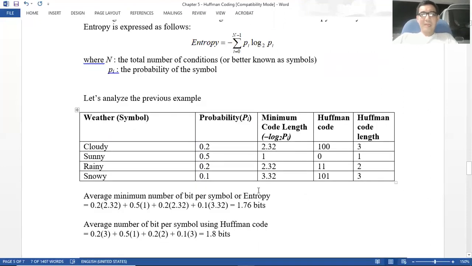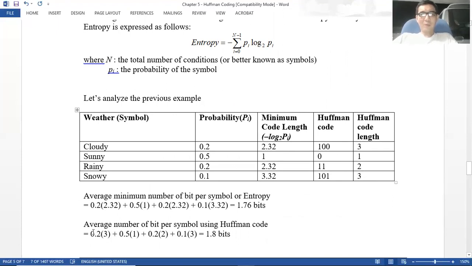And now the average number of bits per Huffman code. If you try to code this using Huffman, this is the Huffman code, and we compare with the average Huffman code length here. This is the Huffman code length: 3 bits, 1 bit, 2 bits, and 3 bits. You take this code length and multiply with the probability.